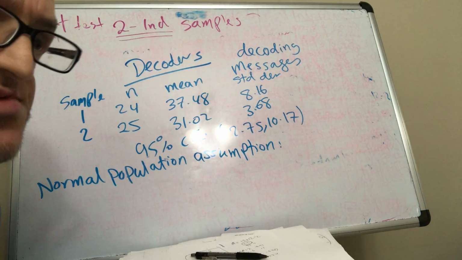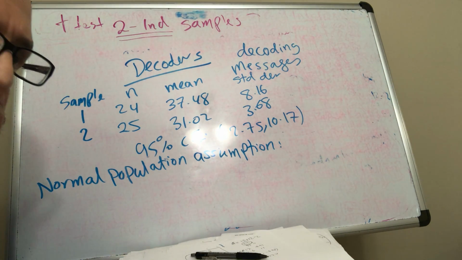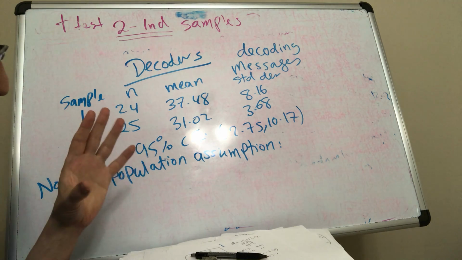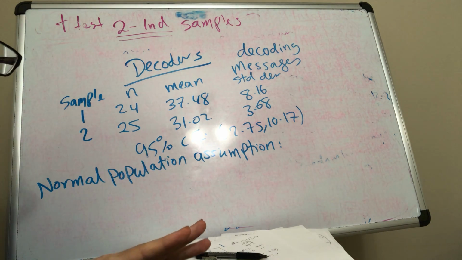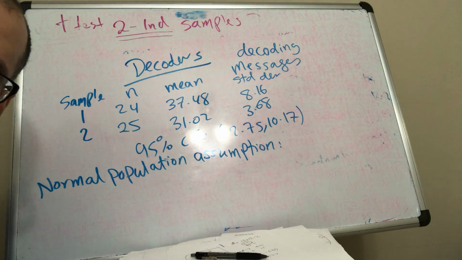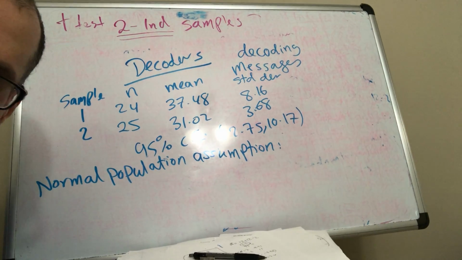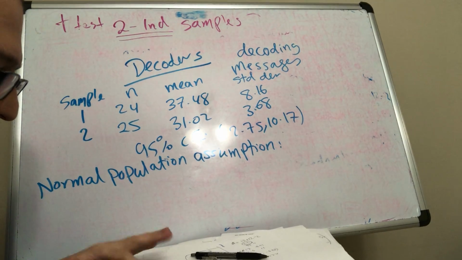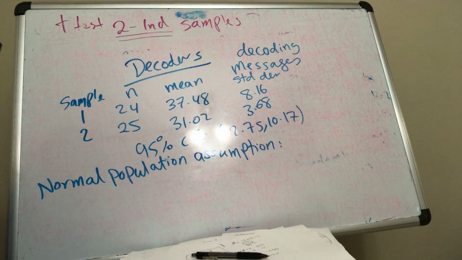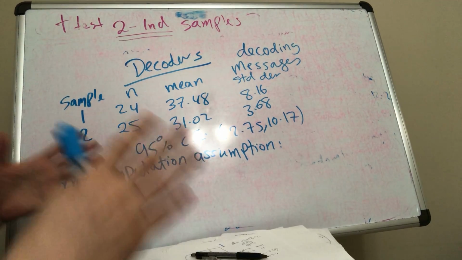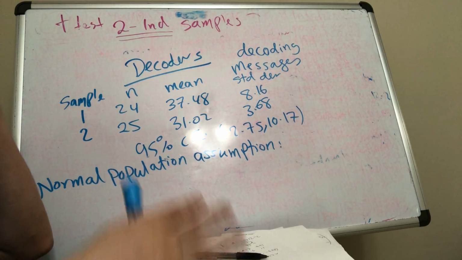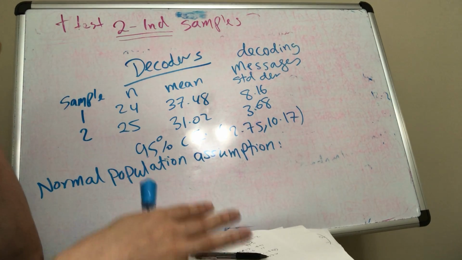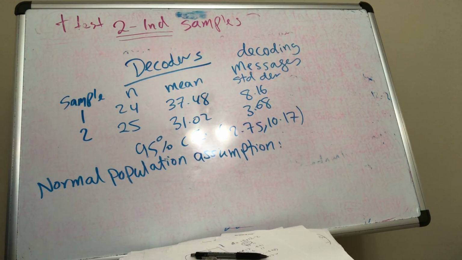Now, in order to check this assumption, you have one of two choices. They either tell you in the question that it's a normal distribution, and if they mention this in the question, we're fine, you don't need to do anything. Or they give you the histogram or the normal plot.